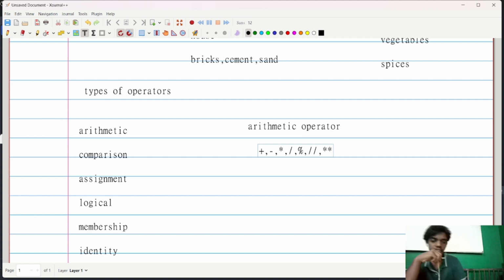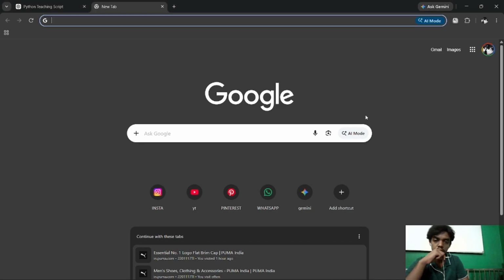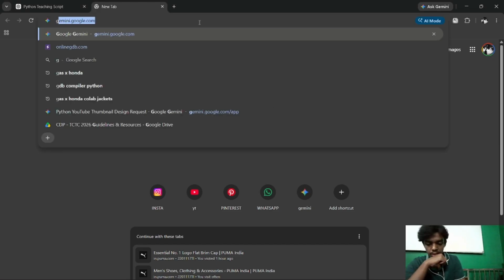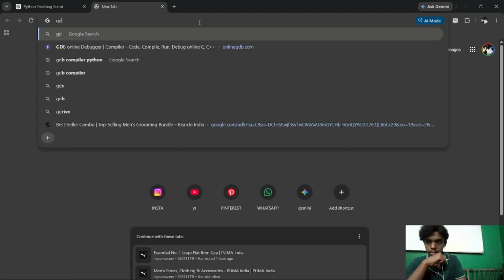So let's understand each one of the operators. Let's begin with the first one, which is addition. Let me show it to you and make it clear in the online compiler, the GDB compiler for Python.